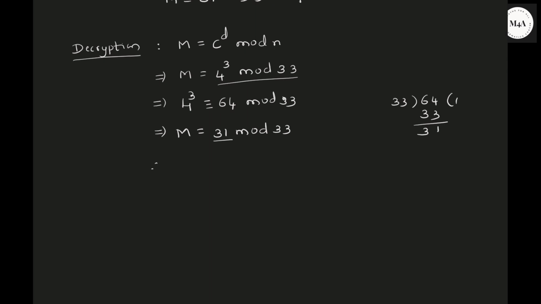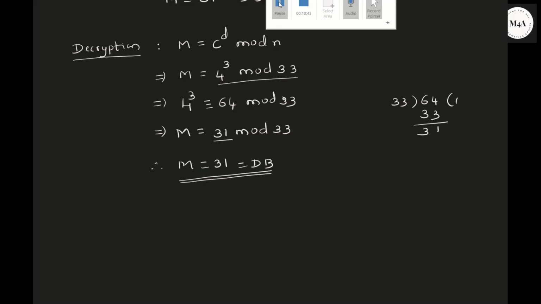Therefore, M is 31. It is DB. Already we have got this. We know M is 31, so your answer is correct. This is how to find the public key, private key, and the encryption and decryption of the given values using the RSA algorithm.